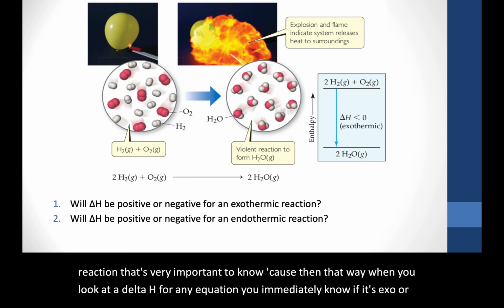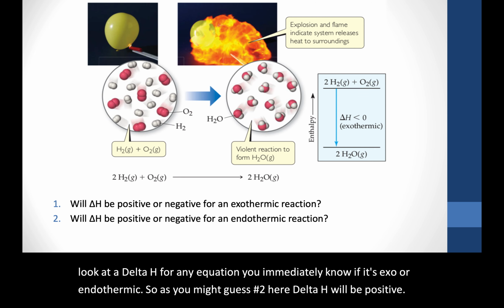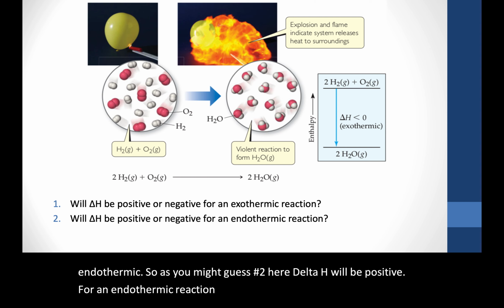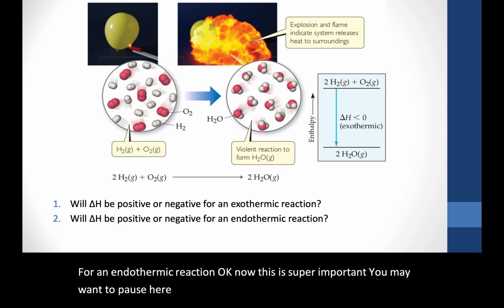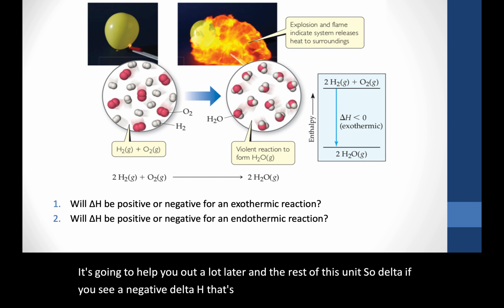So, as you might guess, number two here, delta H will be positive for an endothermic reaction. Okay? Now, this is super important. You might want to pause here and just really make sure you got this down, because it's going to help you out a lot later and the rest of this unit. So if you see a negative delta H, that's exothermic, right? Energy is released.